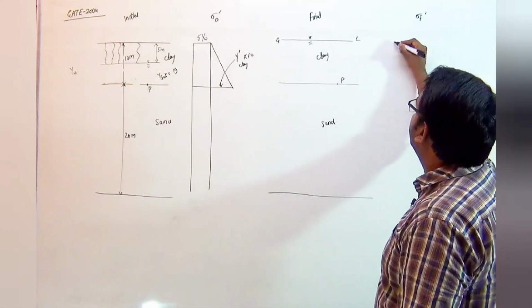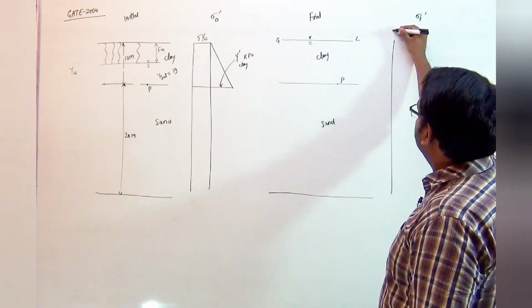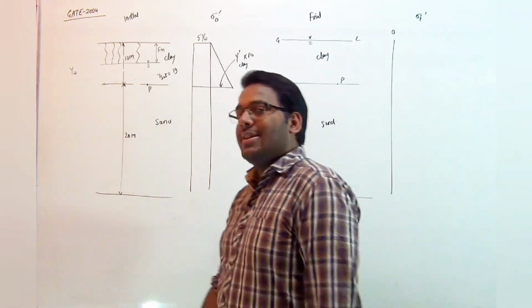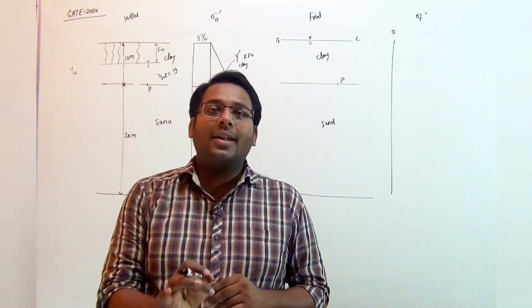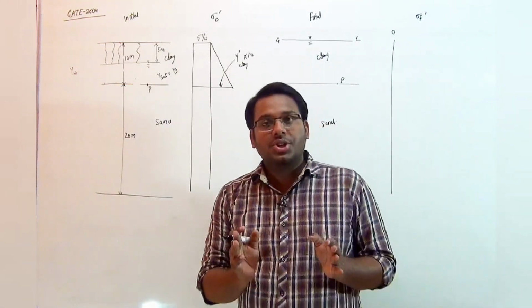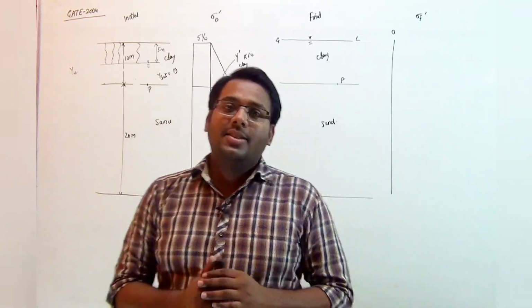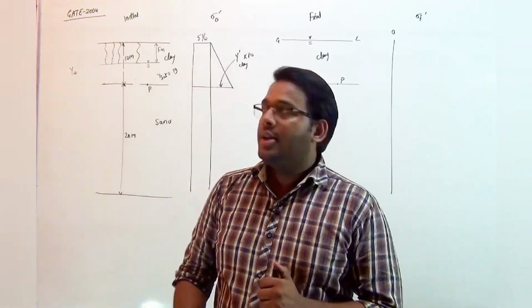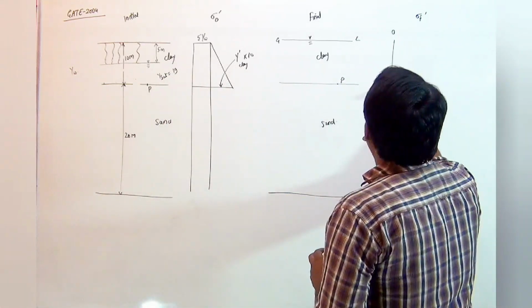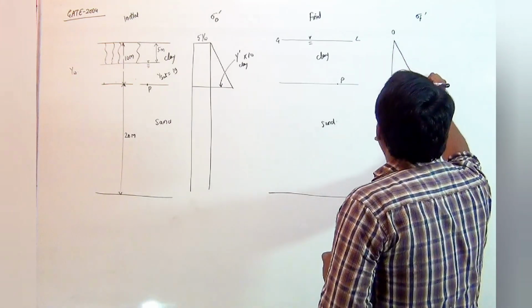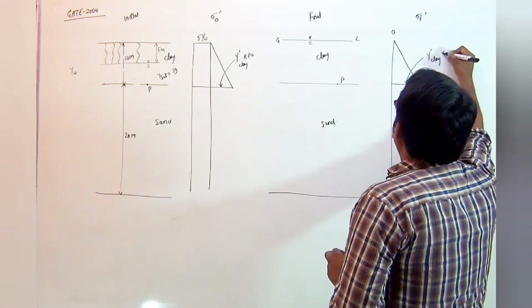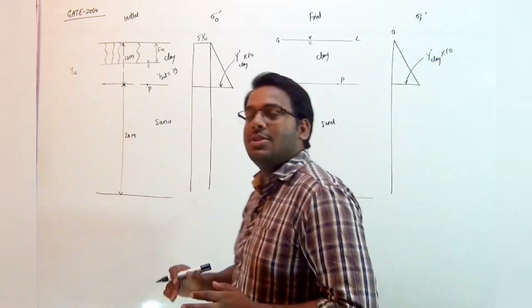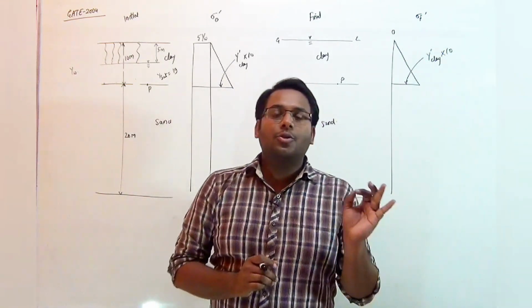Similarly, if we draw the effective stress diagram for the final case, it is the case of normal saturation, and we also know that in the condition of normal saturation, the effective stress increases at a rate of gamma submerged. For the first 10 meter, the effective stress will increase by gamma submerged of the clay for the 10 meter, and hence the effective stress will be gamma submerged of clay into 10.